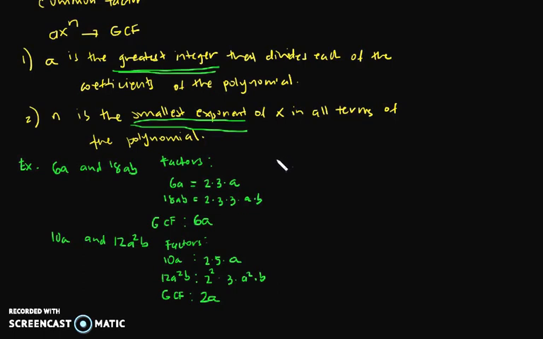So what would be the GCF of negative 8x squared y and 16xy? So you have to try this. I'm going to give you 5 minutes only to do this.